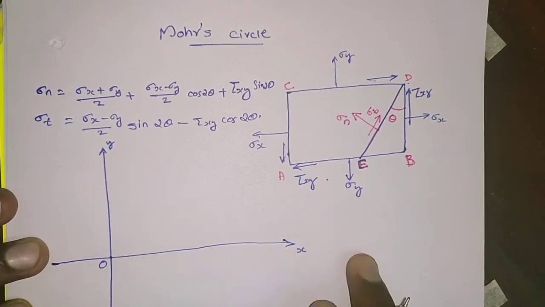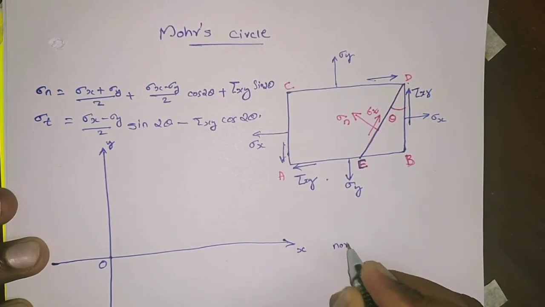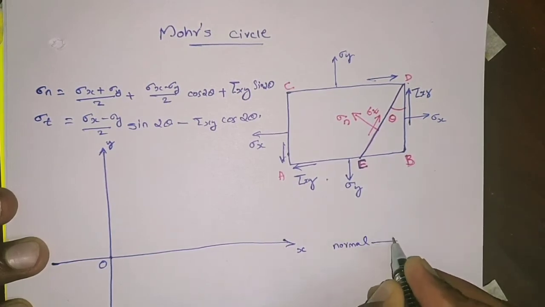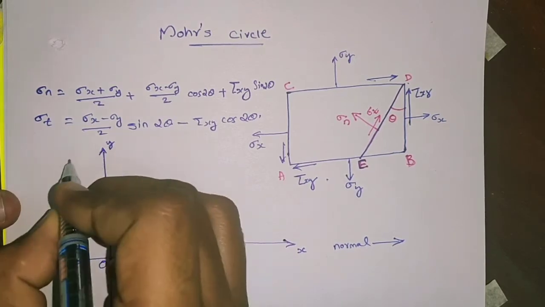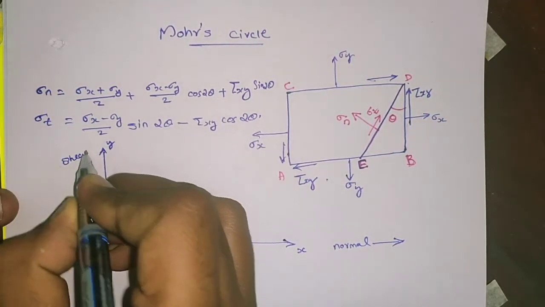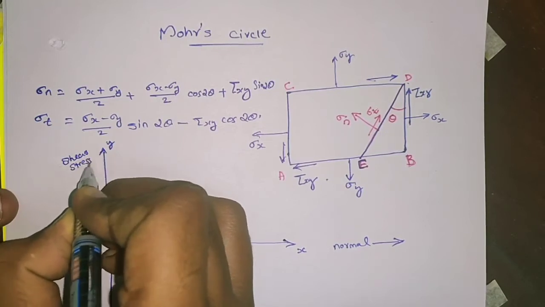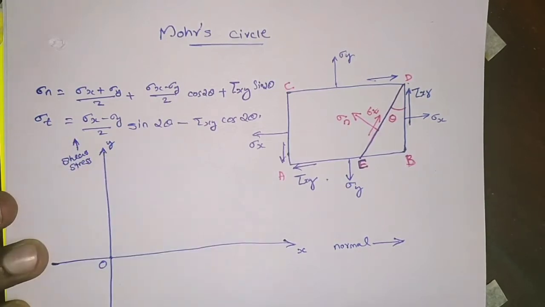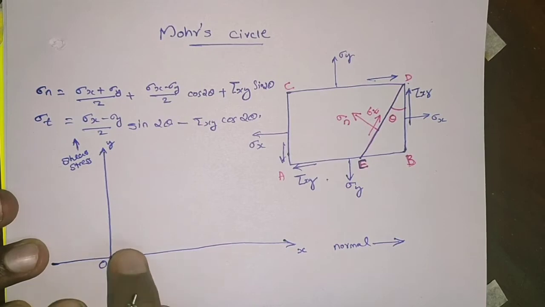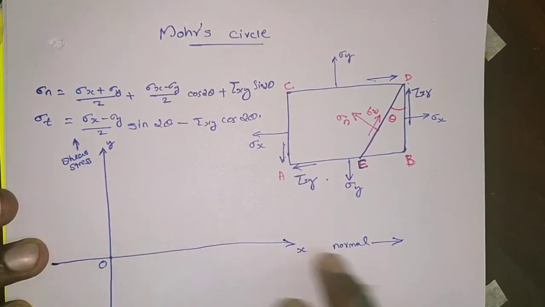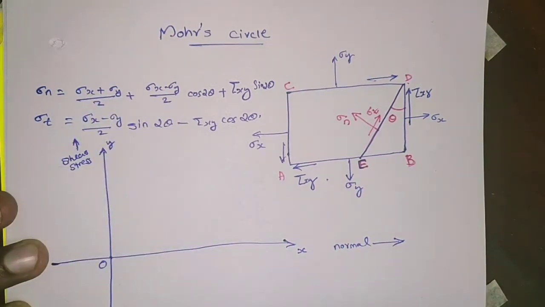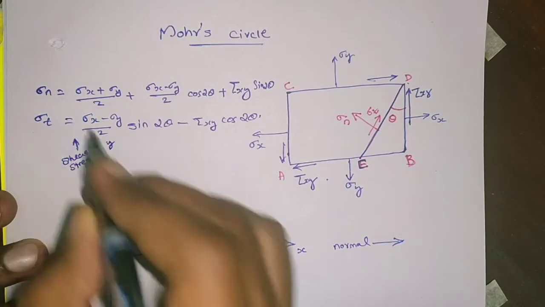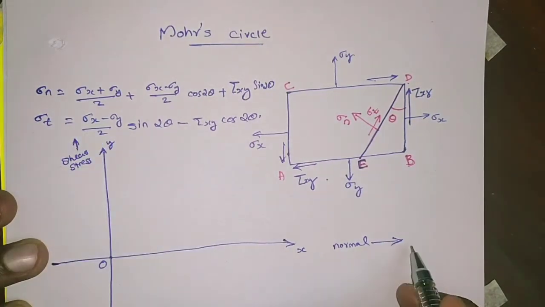the x dash representing normal stress, and the y dash representing the shear stress. All the normal stresses should be represented on the x dash, all the shear stresses on the y dash. This is the positive y dash, this is the positive x dash.